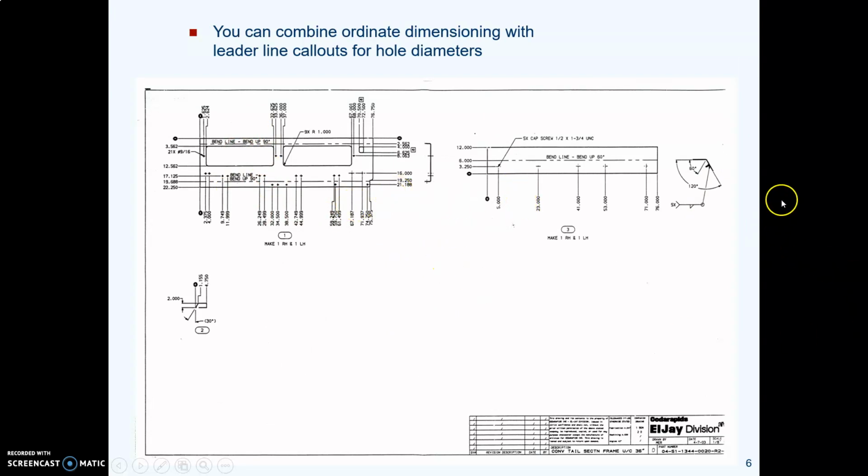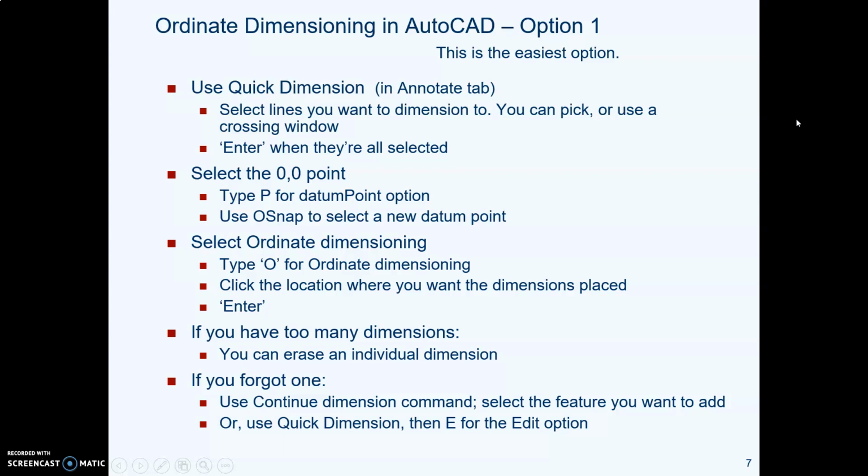The point of this one is that it's okay to combine different styles of dimensioning. So you can have dimensions with arrows and ordinate dimensioning on the same part, and then radius callouts and hole diameter callouts on the same part. All right. In the next lecture, we'll look at how to do this in AutoCAD.